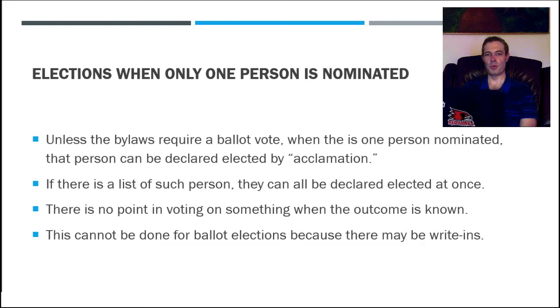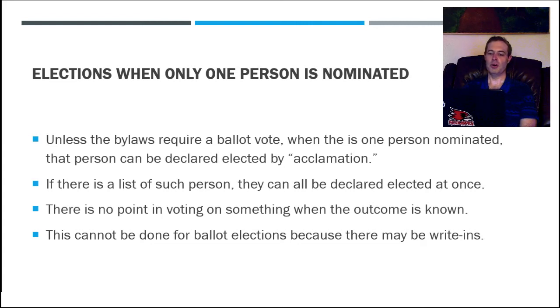Sometimes there's only one person that the people can think of as being someone to serve in that position. Whatever the case, there may be a case where there's only one person nominated. Unless the bylaws require a ballot vote, when only one person is nominated, that person can be declared elected by acclamation.